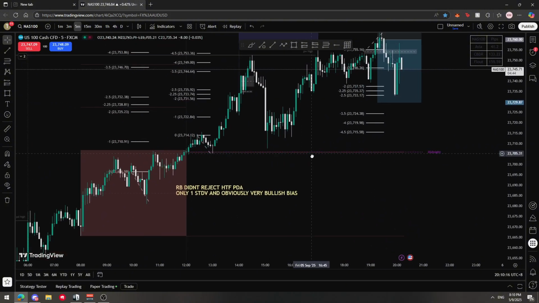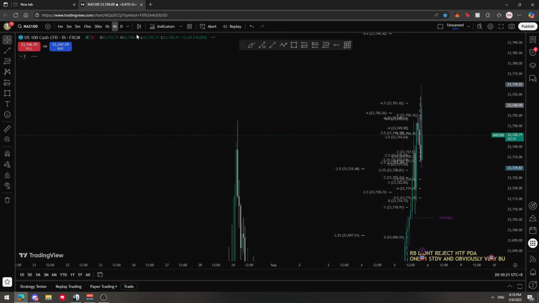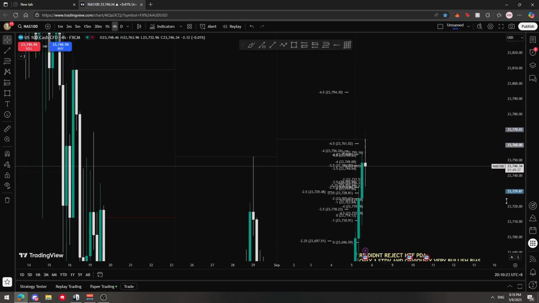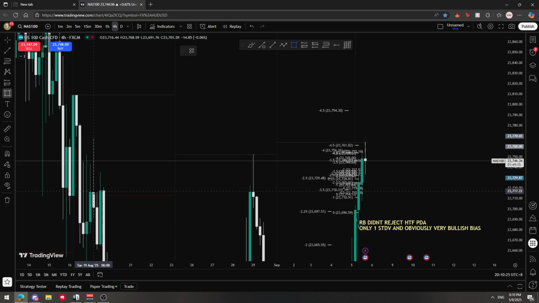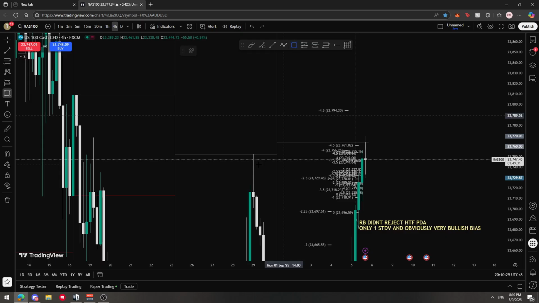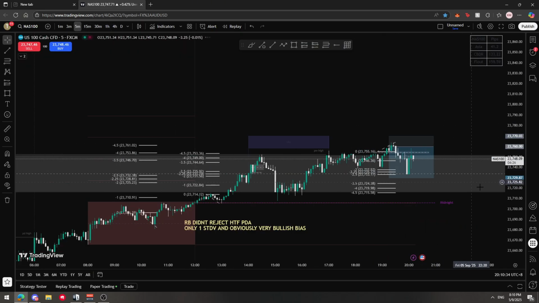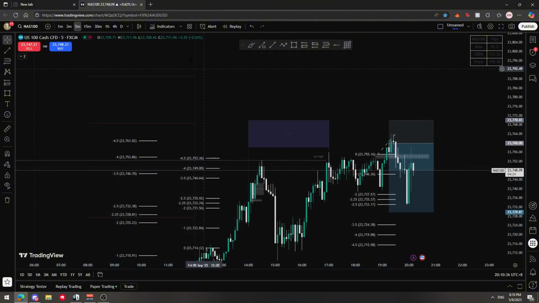So why did I take this? Again, we had this negative 4.5 somewhere here, and I'm pretty sure this is the 4H CE of this rejection block, or maybe this one. Let's see. No, it's not.